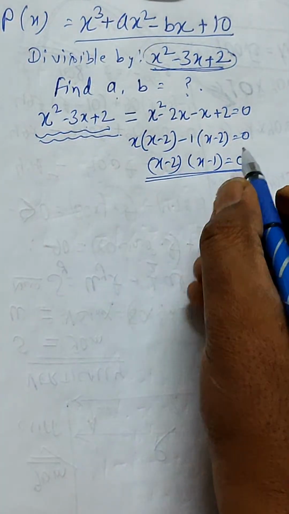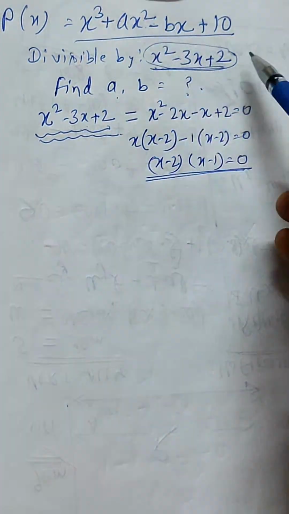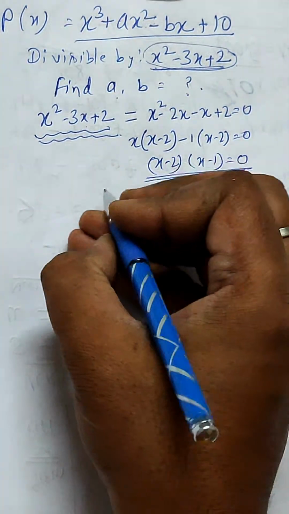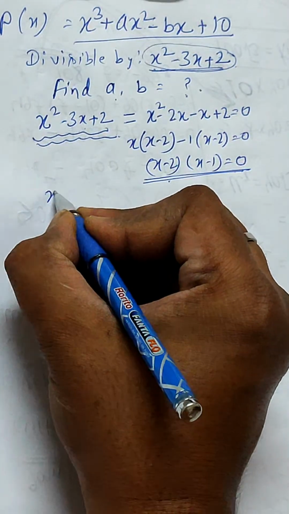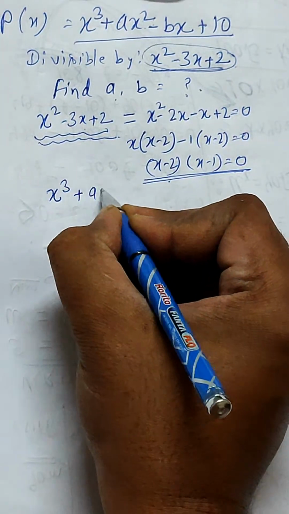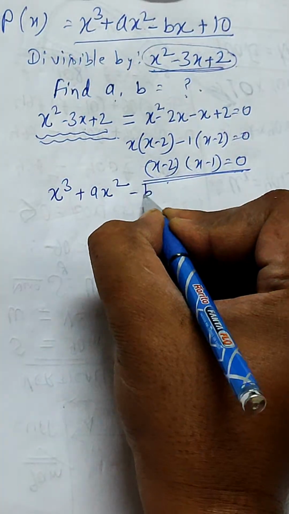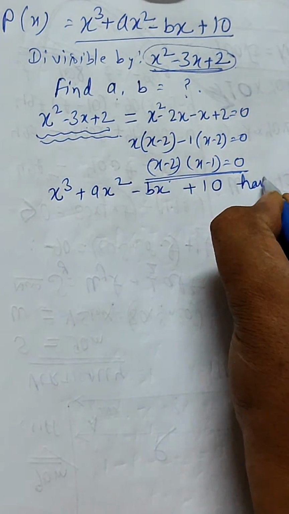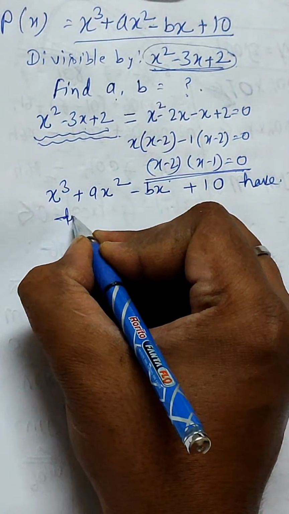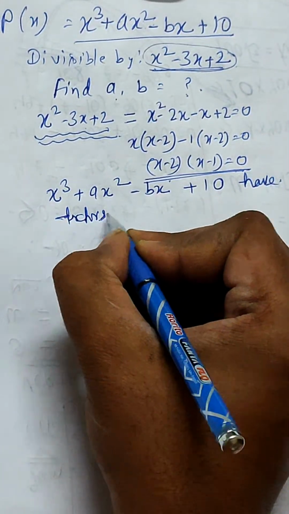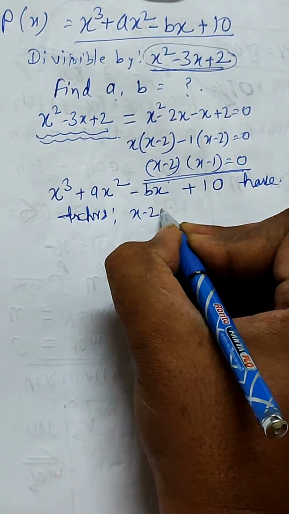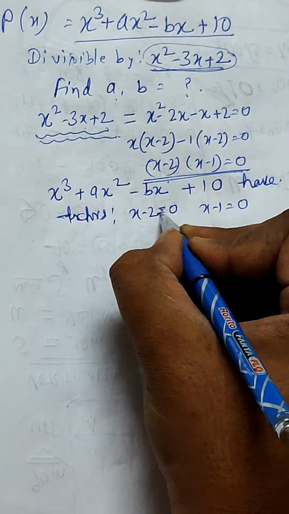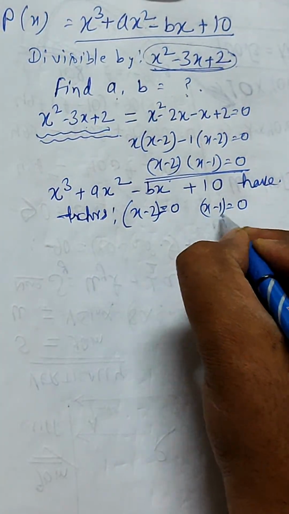So we can say that if this polynomial is divisible by x square minus 3x plus 2, then x cube plus ax square minus bx plus 10 has factors x minus 2 and x minus 1. These are the two factors, right?